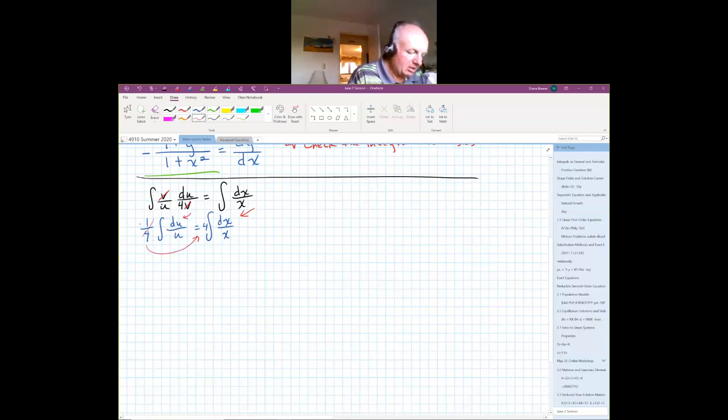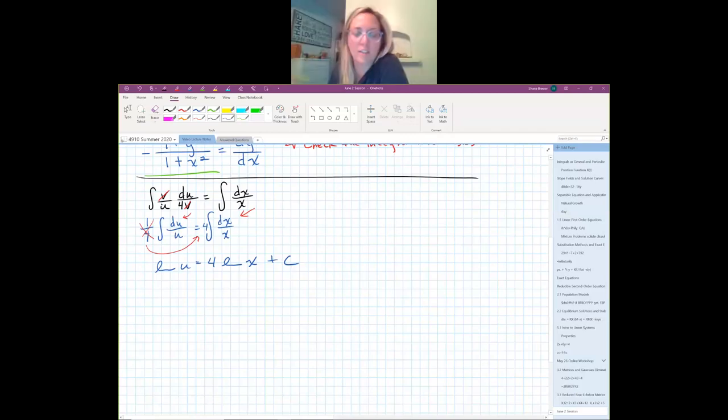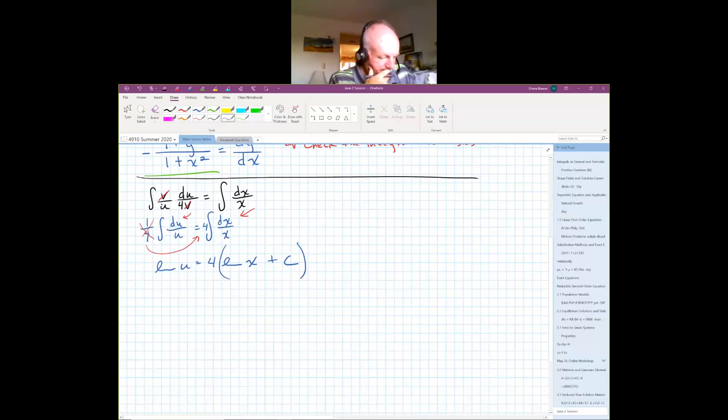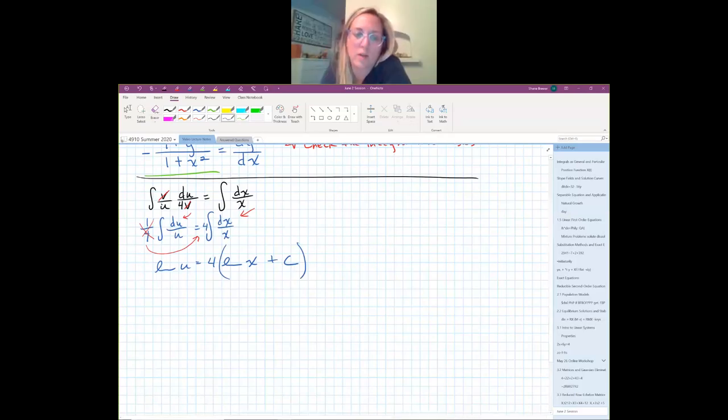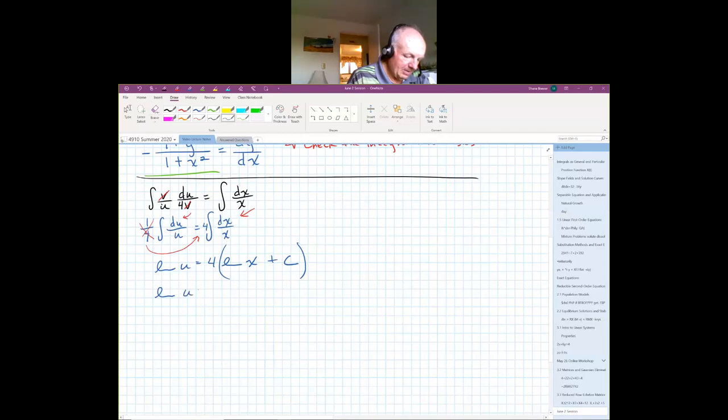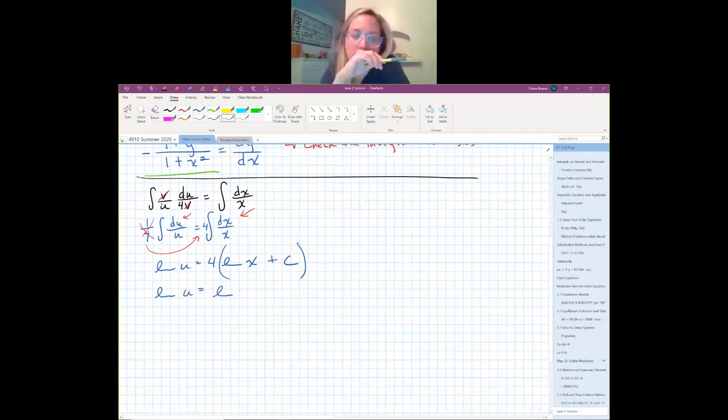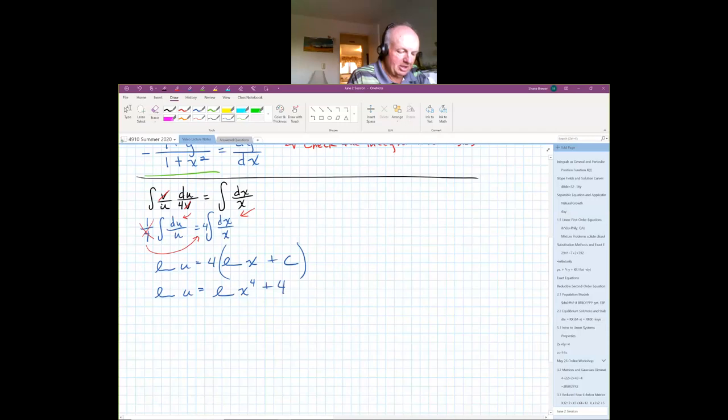And then, like you say, that's ln of u equals 4 ln of x plus c, right? So it's going to be ln of x to the 4th plus 4c. And then we'll just call that 4c a new constant, say c sub 1.